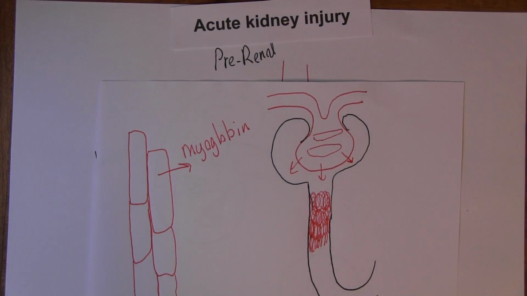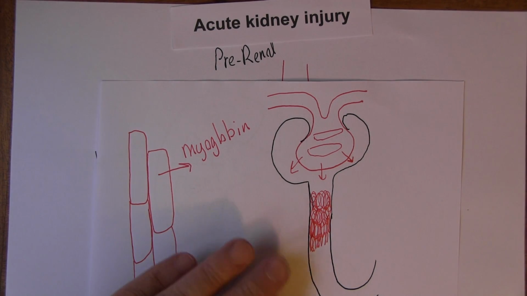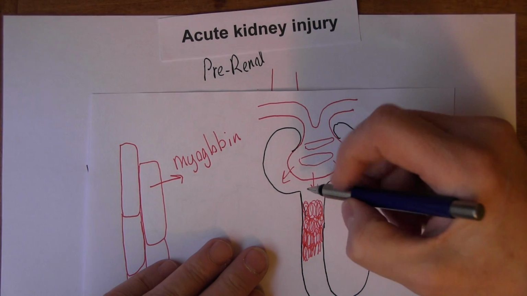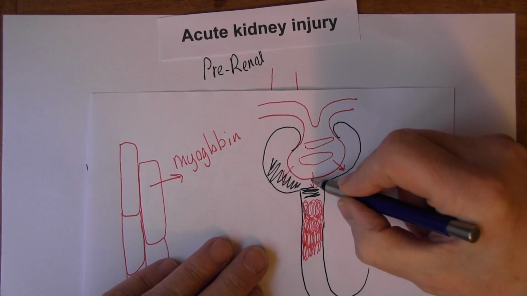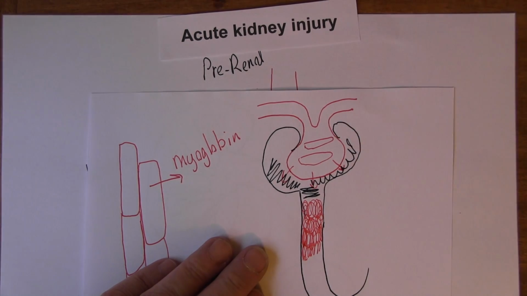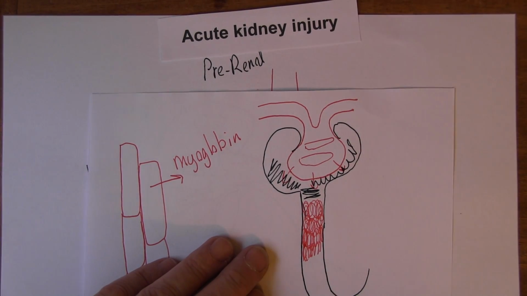But as with acute tubular necrosis, what it also means is that the glomerular filtrate dams back up. This is true with rhabdomyolysis. It's true with acute tubular necrosis.